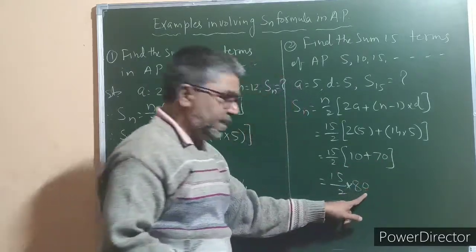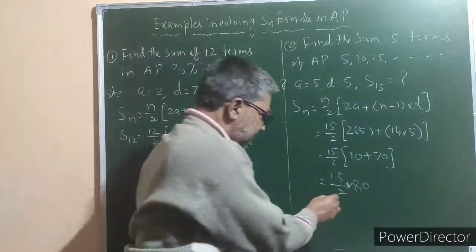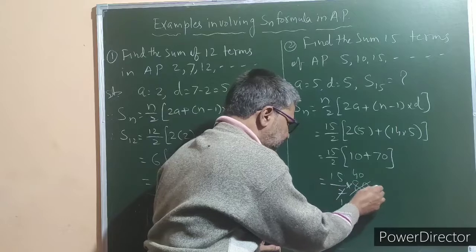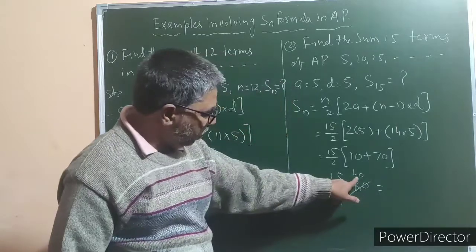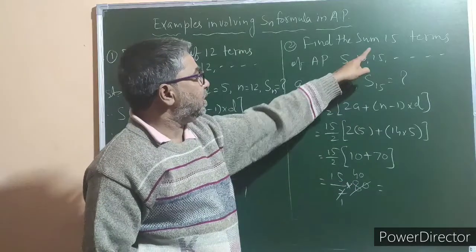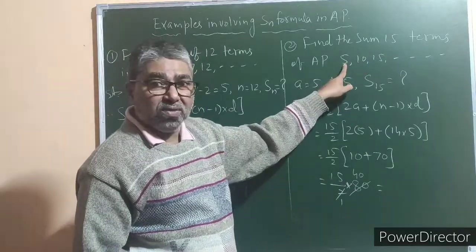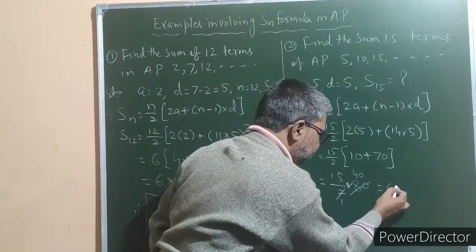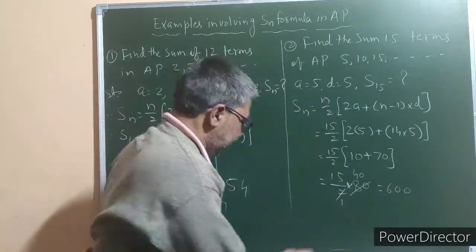Now this 80 is an even number, it is completely divisible by 2, 2 40s are 80, so we get 40. Now the product of 15 and 40 will be the sum of 15 terms of the arithmetic progression 5, 10, 15. So 15 40s are 600.